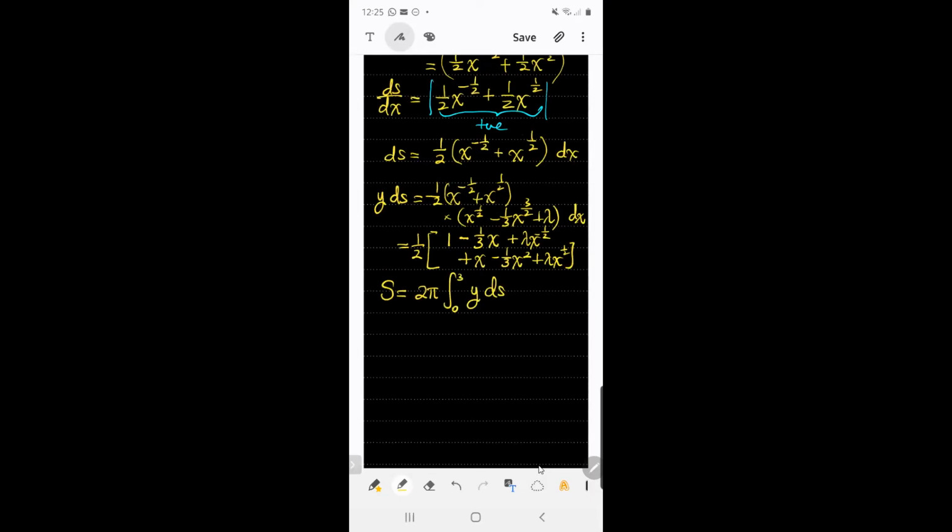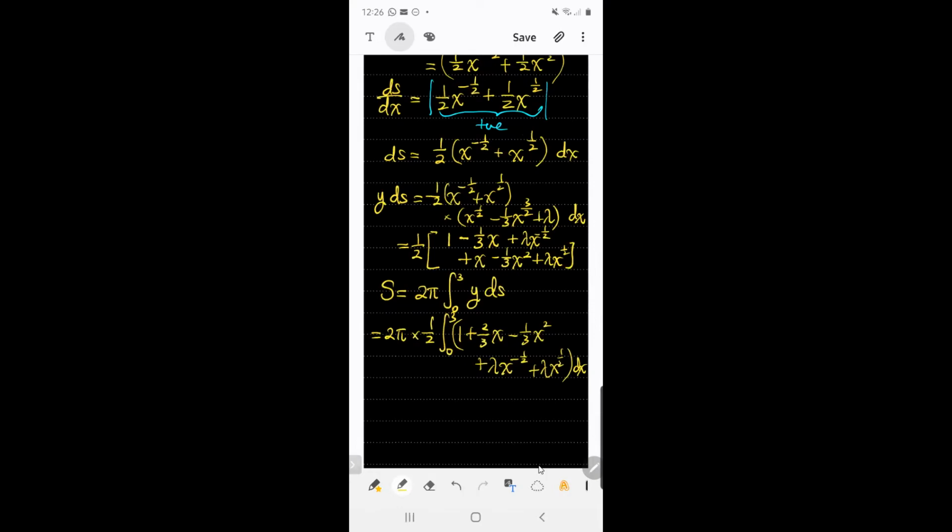So you put in the expression: 2 pi times half, then the integral of 1 minus 1 over 3 x plus x, which gives 2 over 3 x, then minus 1 over 3 x squared, plus lambda x to the power of negative half plus lambda x to the power of half, with respect to x.